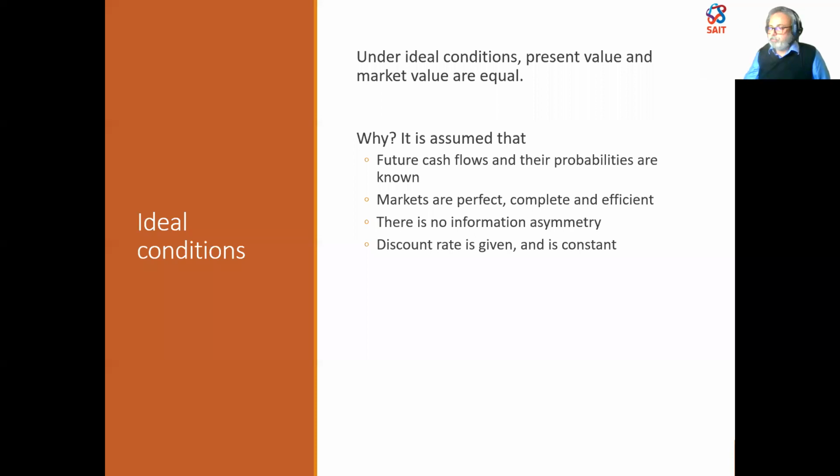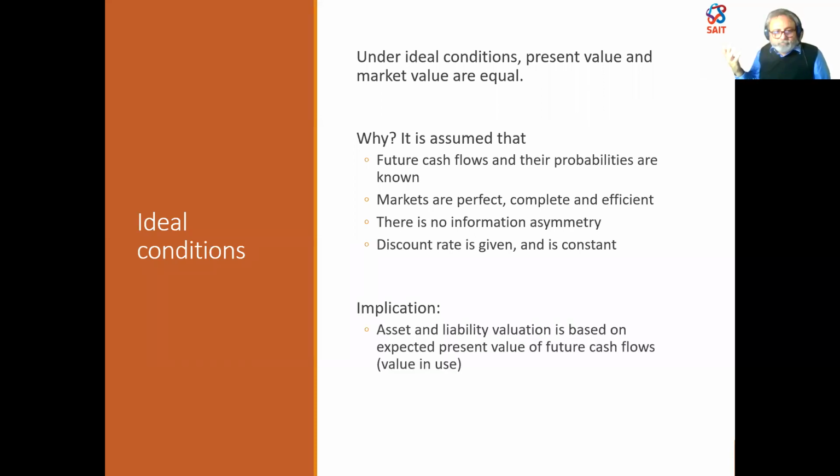If they are valid, then what? The implication is that you have no friction at all, so assets and liabilities are valued based on expected present value of future cash flows. That's the notion of value in use that you would have picked up in impairment testing for IFRS.